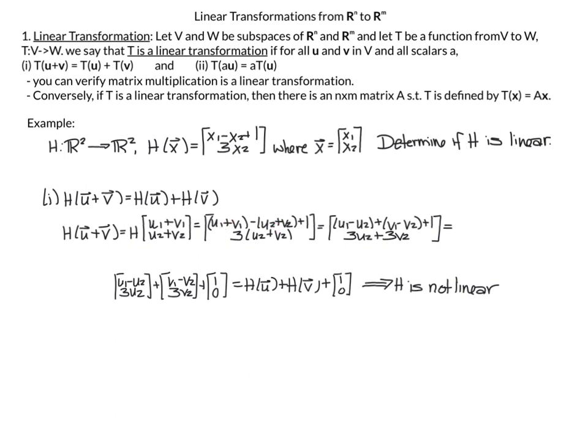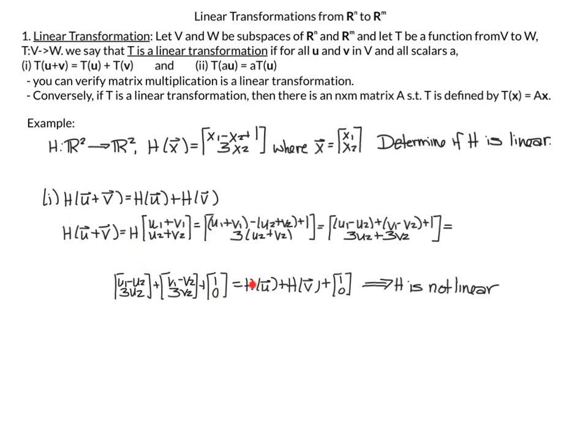I'm going to multiply by my negative and group my u's together and group my v's together. So I group my u's together and I get u1 minus u2. Grouping my v's, I get v1 minus v2. And then I also have this 1 out here. I group my u's together, 3u2, and group my v's together, 3v2. Looking at this, it is equal to u1 minus u2, 3u2, plus v1 minus v2, 3v2, plus 1, 0.